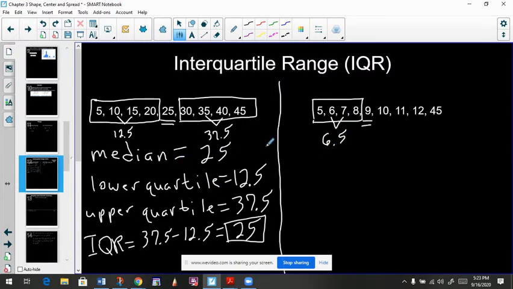So my median, remember, was 9. My lower quartile is 6.5. And for my upper quartile, I look at all the numbers above the median. There's 2 middle numbers. I average them. I get 11.5.